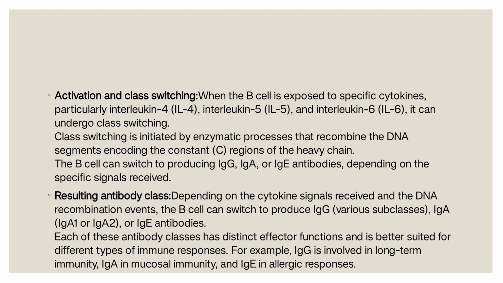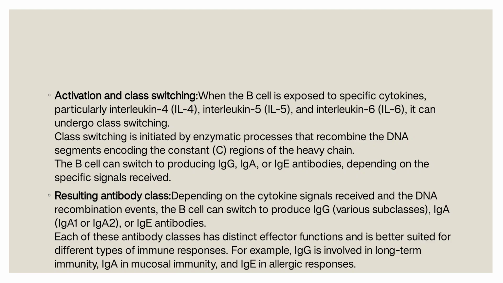When the B cell is exposed to specific cytokines, particularly interleukin 4, interleukin 5 and interleukin 6, it can undergo class switching. Class switching is initiated by an enzymatic process that recombines the DNA segments encoding the constant region of the heavy chain.